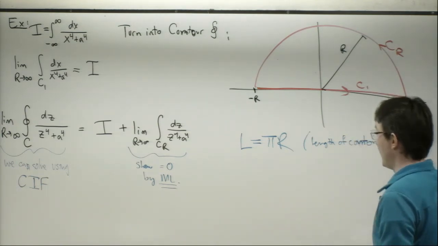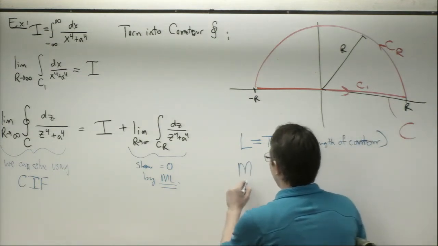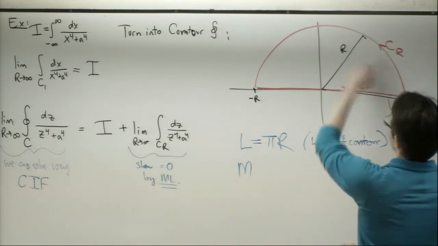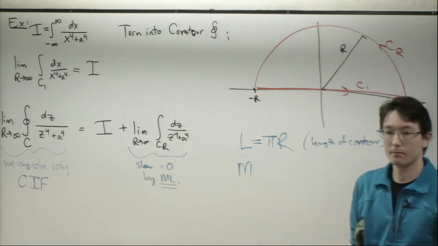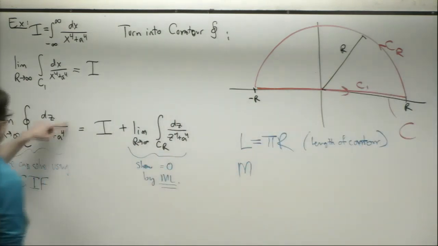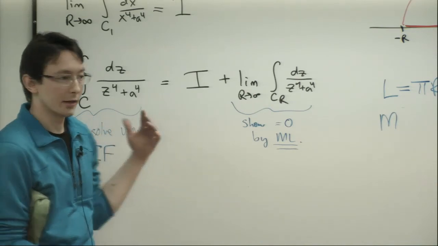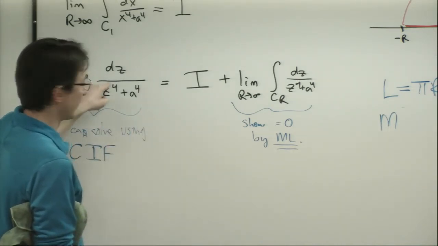And now what I need to figure out is an upper bound m on my function on this entire contour. But what does my function look like for big R? It's going to look a lot like 1 over r to the fourth.